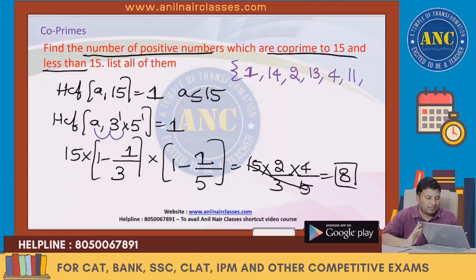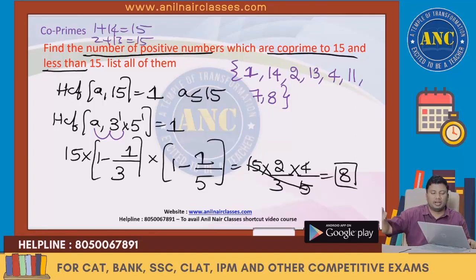It cannot be 5. It cannot be 6, as 6 is a multiple of 3. 7 means 15's complement 8. 7 comma 8, these are the numbers. I hope it is clear. Why? Because 1 plus 14 will give you 15, and 2 plus 13 will give you 15. I hope the idea is clear.